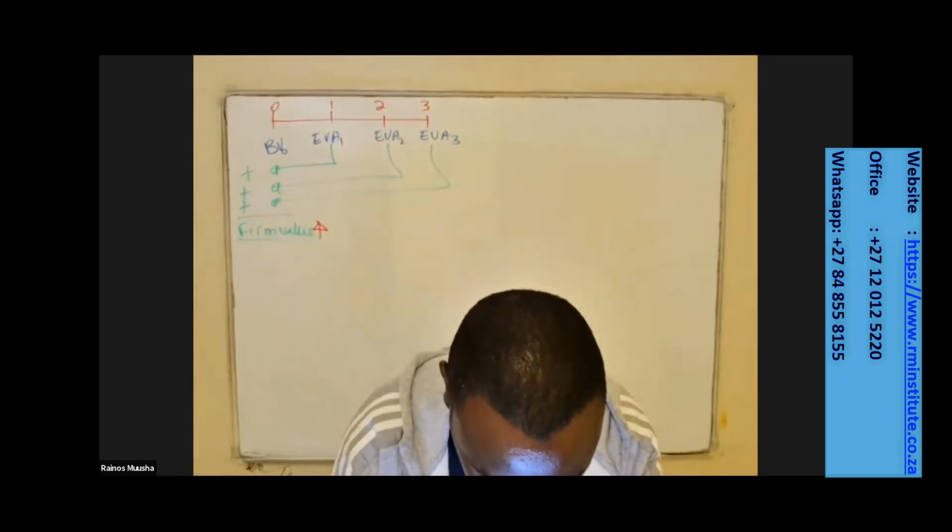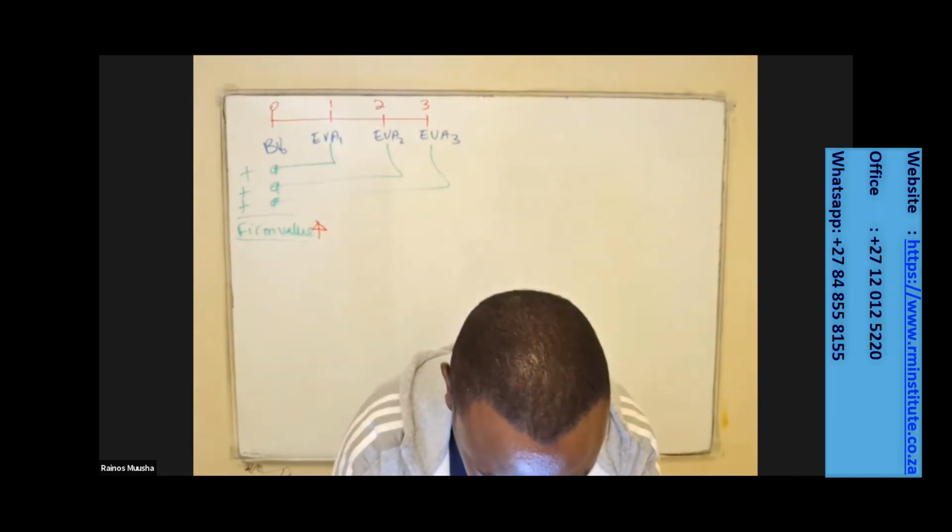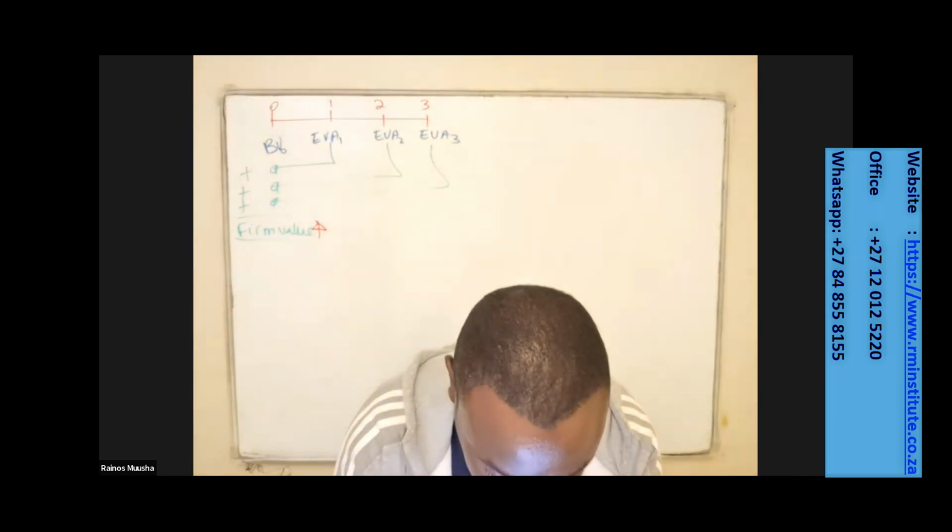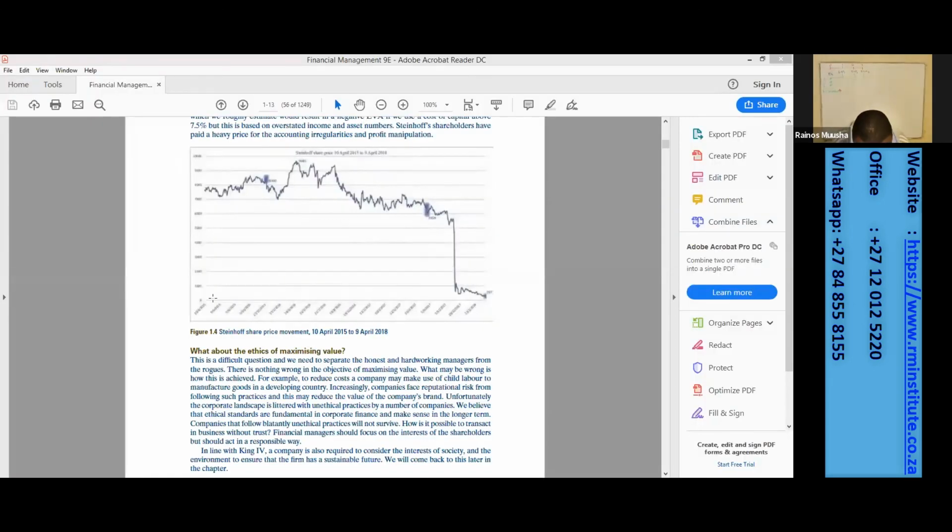The next concept we are going to be looking at is where they discuss the issue of what about the ethics of maximizing value. And here they say, this is a difficult question, and what we need to separate the honest and hardworking managers from the rogues. So there is nothing wrong in the objective of maximizing value.